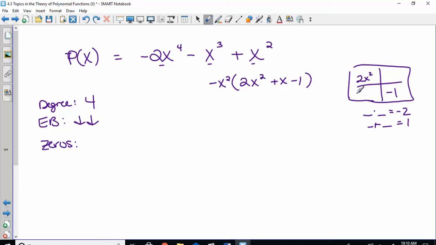What would that be? 2, negative 1. We get 2x minus 1, x plus 1.